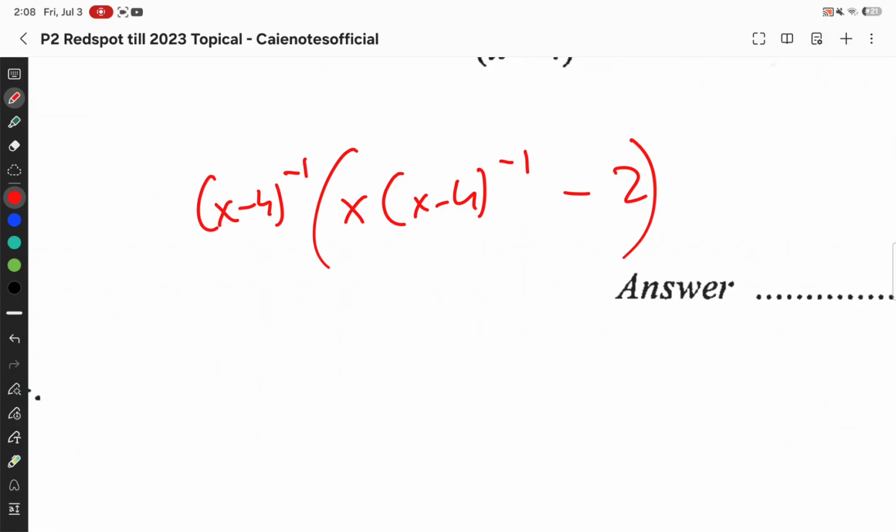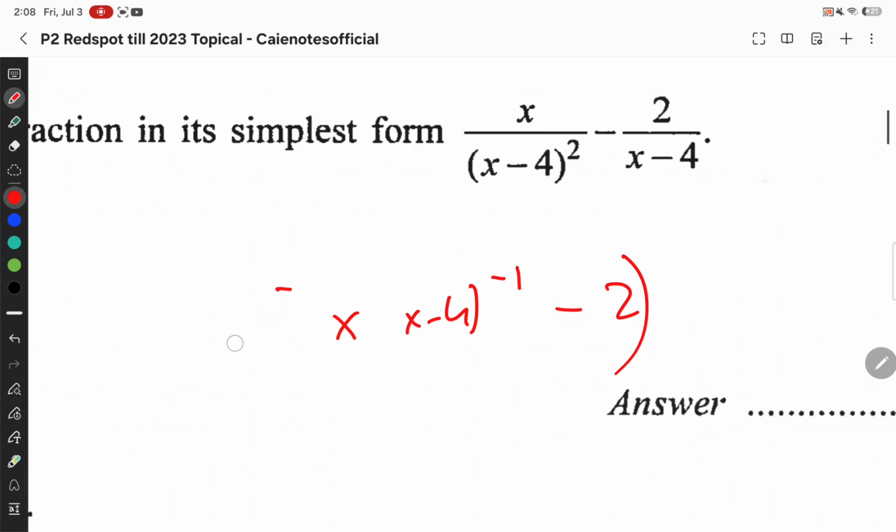That's why we cannot subtract two fractions together. What we need is a common denominator.